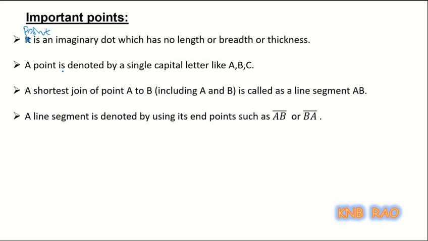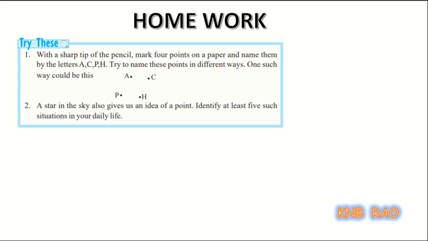Now it is the time for homework. Students, here I am giving you homework. First, try these: pause the screen and note down the try these. First one, with a sharp tip of the pencil, mark 4 points on paper and name them by letters A, C, P, H. Try to name these points in different ways.